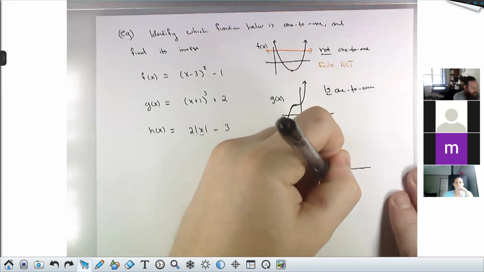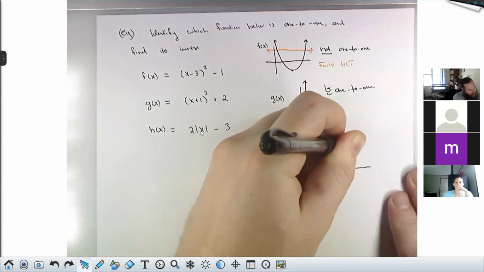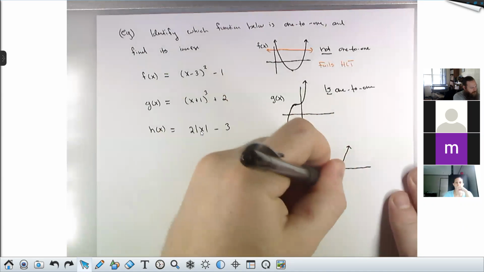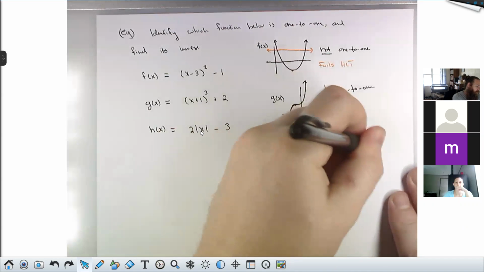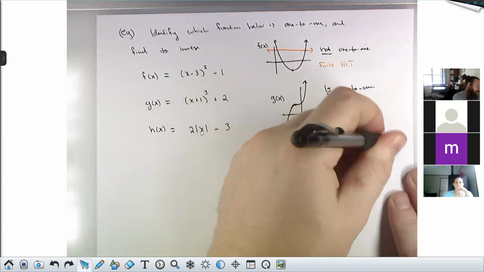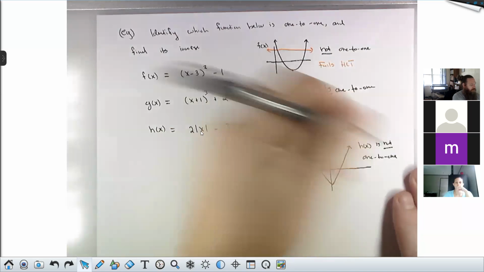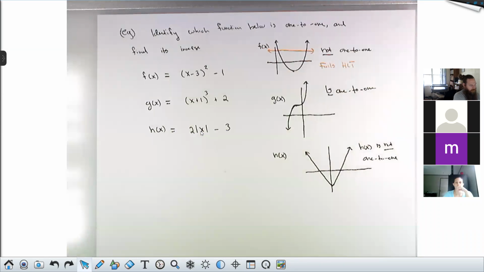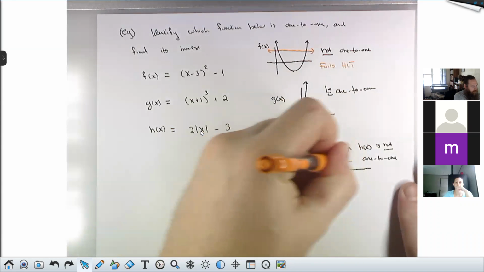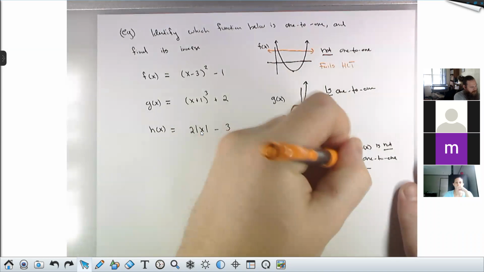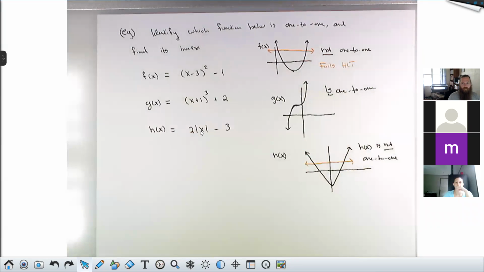Here's what the graph of h of x is going to look like. So this is also not 1-to-1, because again, it fails the horizontal line test. There's many horizontal lines that hit that guy more than once. All right, so g is our 1-to-1 function.